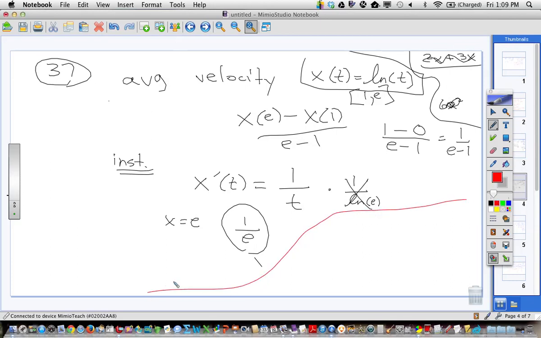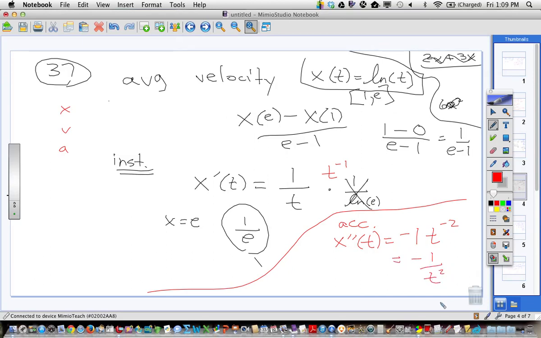Finally, on 38, they wanted acceleration. What's acceleration? Position, velocity, double prime. So they want x double prime. Well, if we come up here to x prime, this is t to the negative 1. So we bring the negative 1 down in front, drop the power like so.